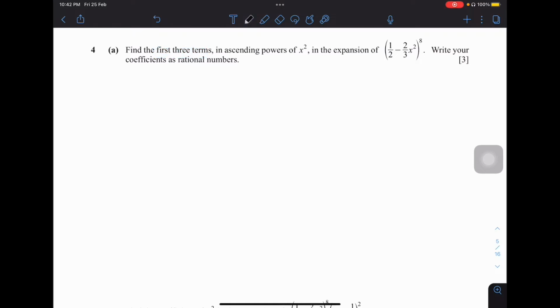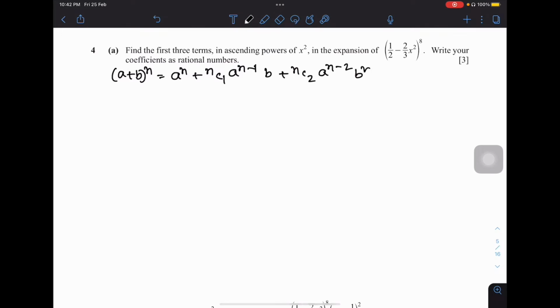So let us write the formula first of all. (a plus b) to the power n equals a to the power n plus nC1 a to the power n minus 1 b plus nC2 a to the power n minus 2 b squared, and it goes on in that way. Since we need the first three terms, we can keep up to the third term.